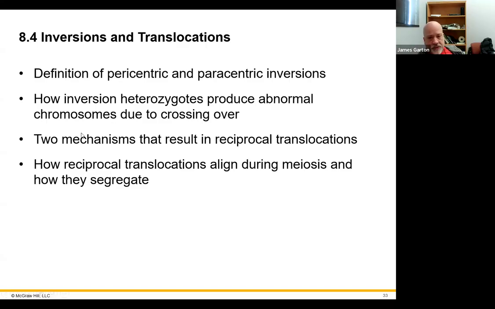And there's at least two things that can result in translocations. And again, these translocations cause some interesting observations to occur in meiosis.